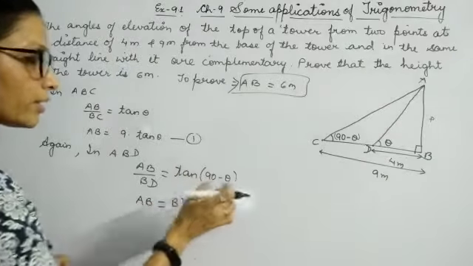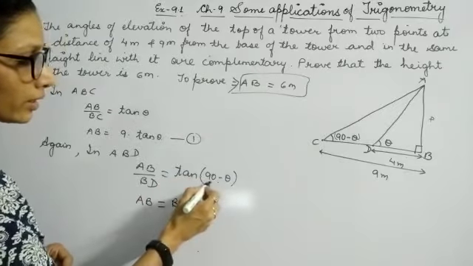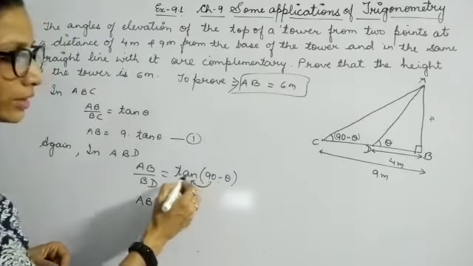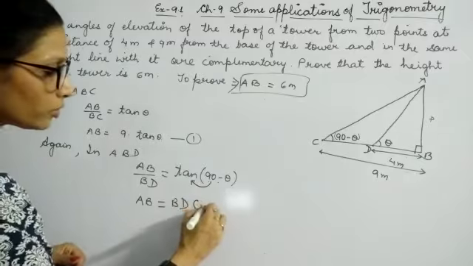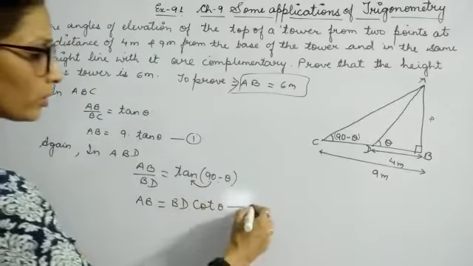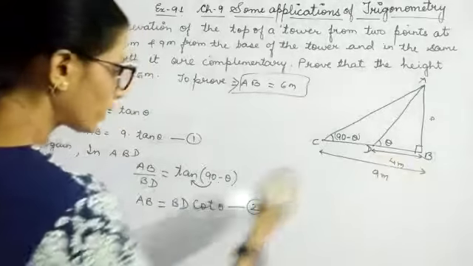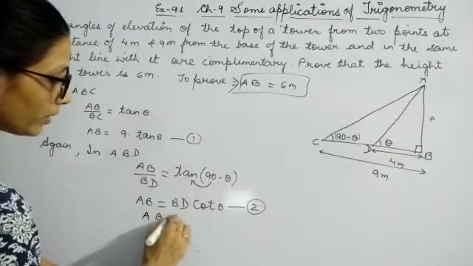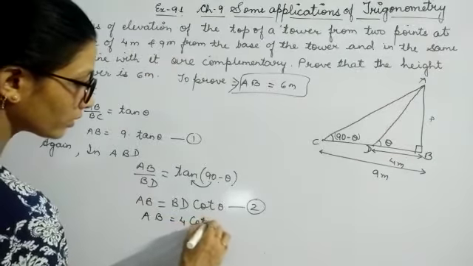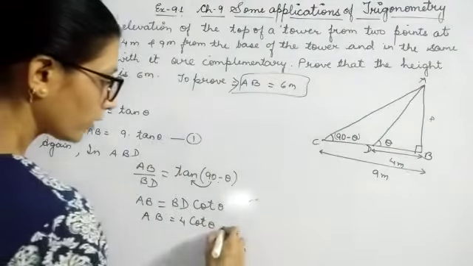Now tan 90 minus theta is what? This is the rule of 90 minus theta, that the 90 will convert this tan into cot, so it will be just cot theta. Now children, the value of BD is given to you as 4, so I can write AB equal to 4 cot theta. So let this equation be your equation 2.